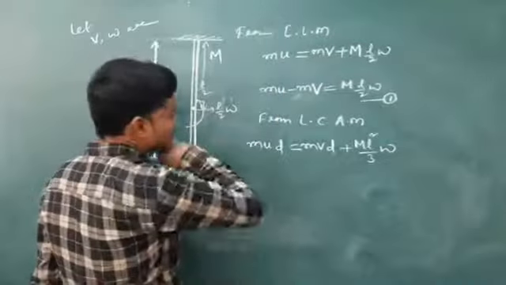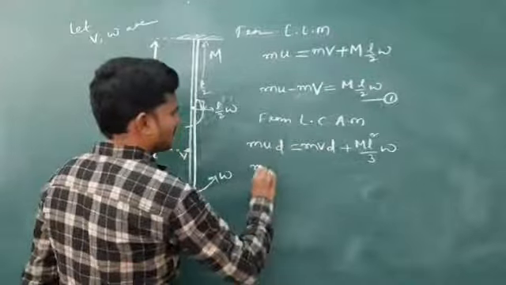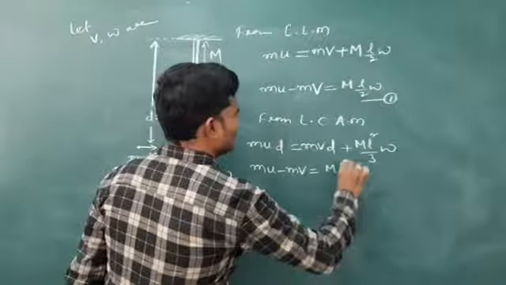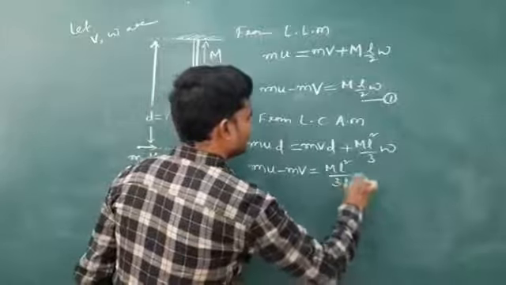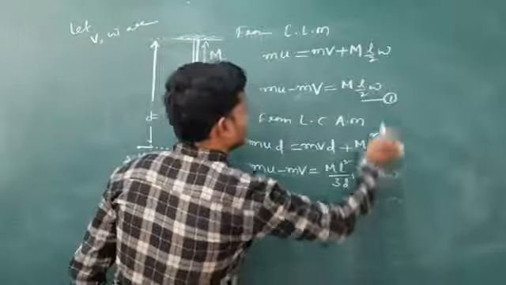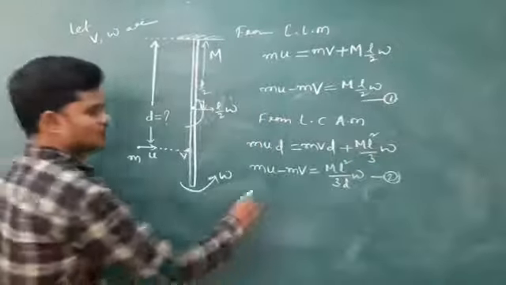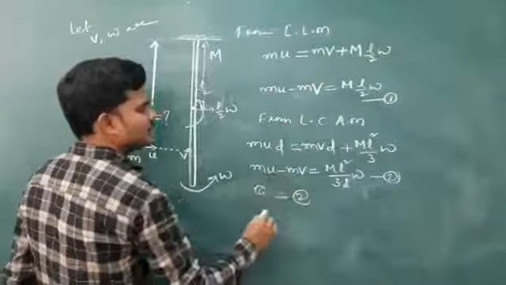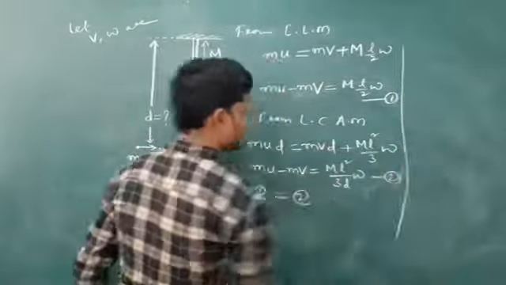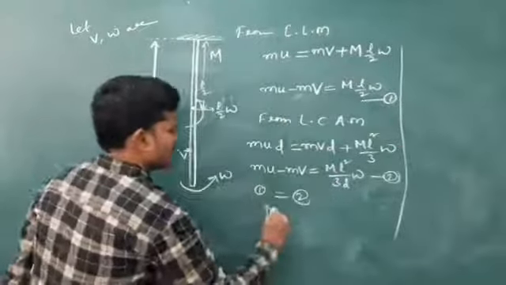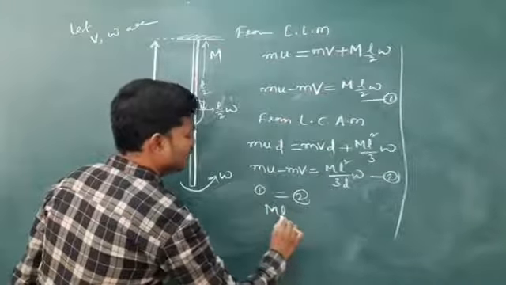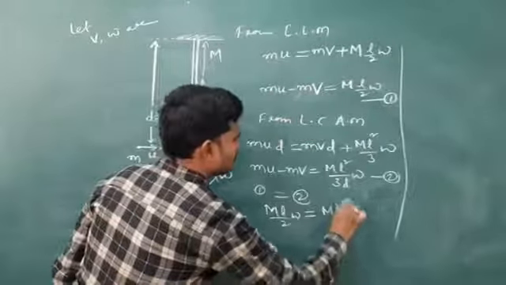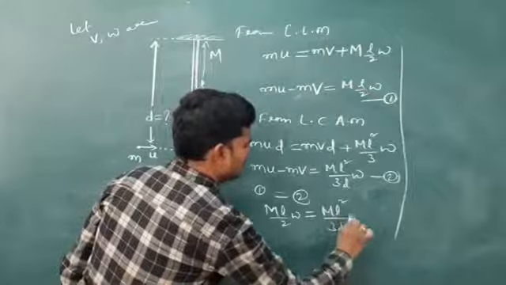So take this d to the right side. We can write mu minus mv, which is equivalent to m L square by 3d omega. Just equate equation 1 and 2. Because mu minus mv is the same, from 1 and 2 we can write M L by 2 omega equals m L square by 3d omega.